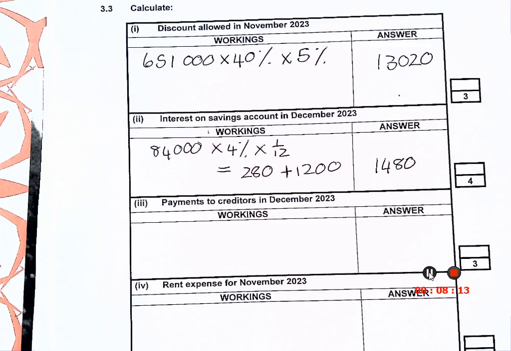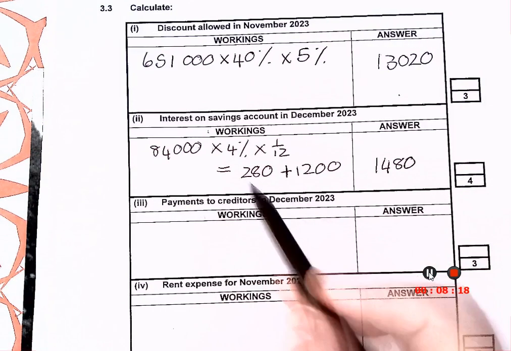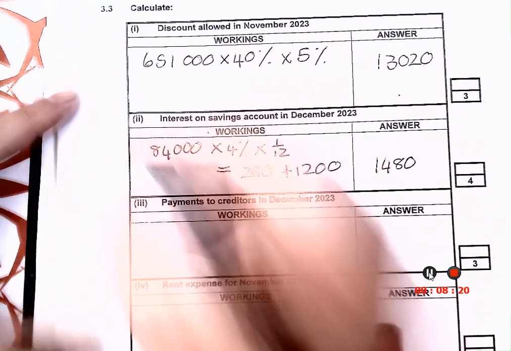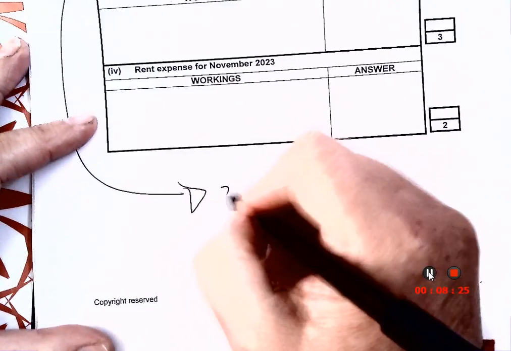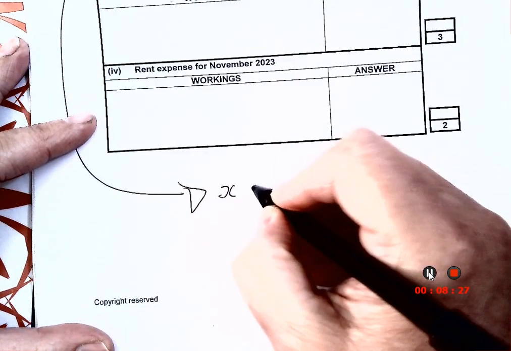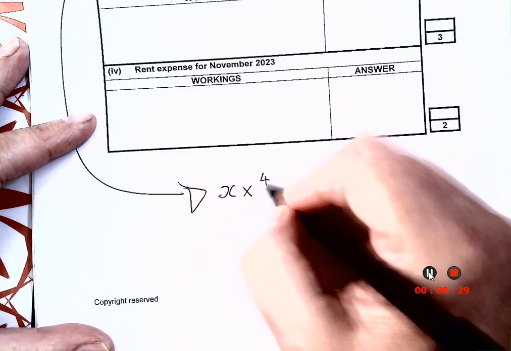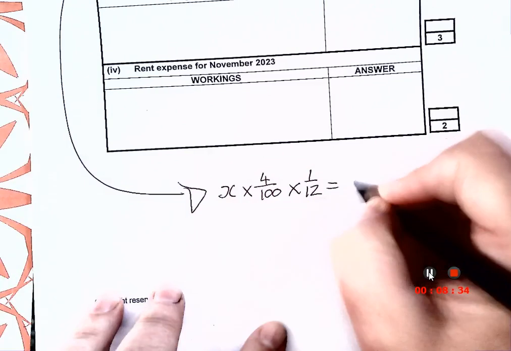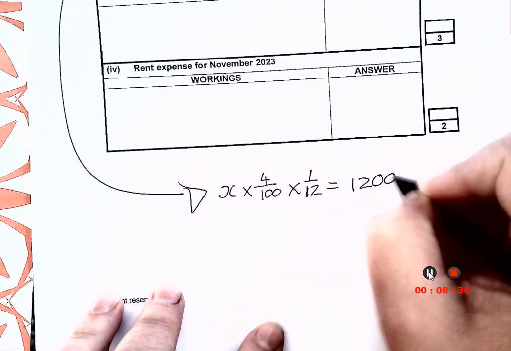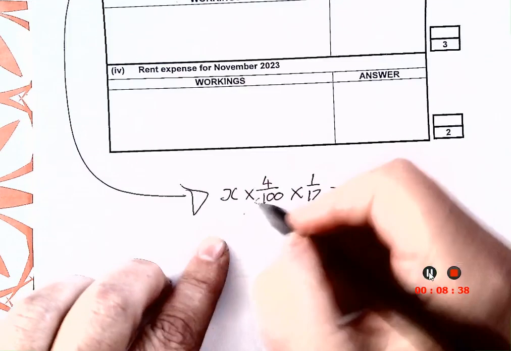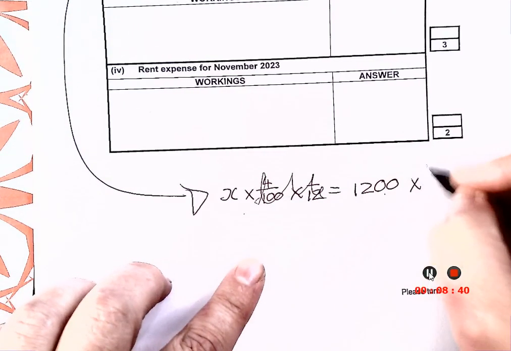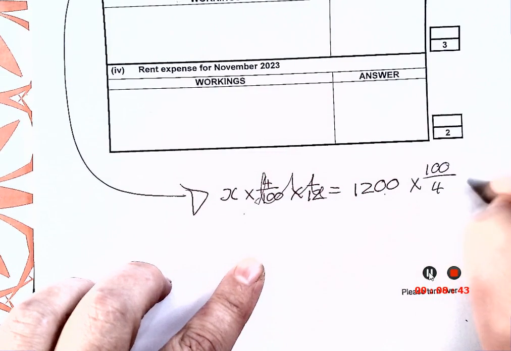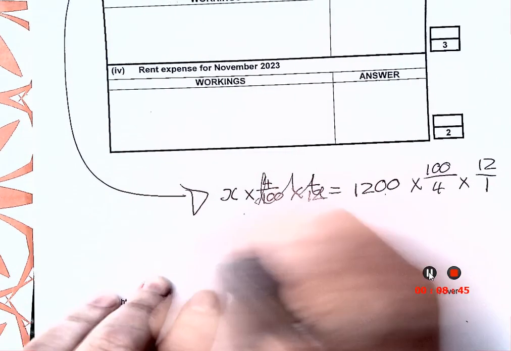Another way you could have done it is where you say the savings account times 4% for 1 month gives me 1,002. Meaning X would be 1,002 times 100 over 4 times 12 over 1. What do I get then?